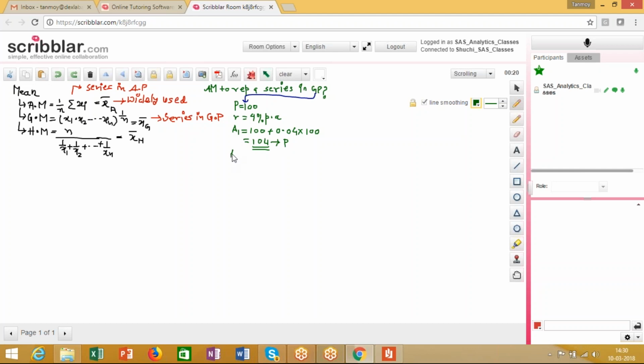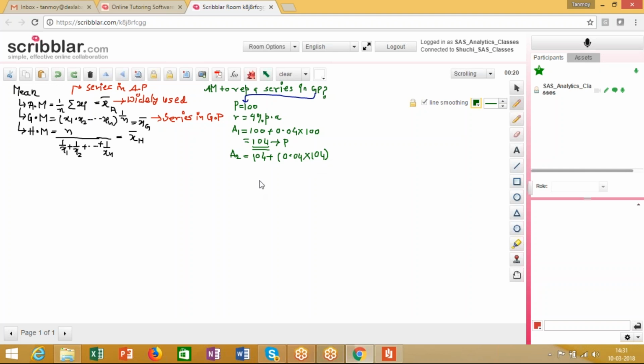So the amount at the end of the second year will be 104 plus 4% of 104, into 104.